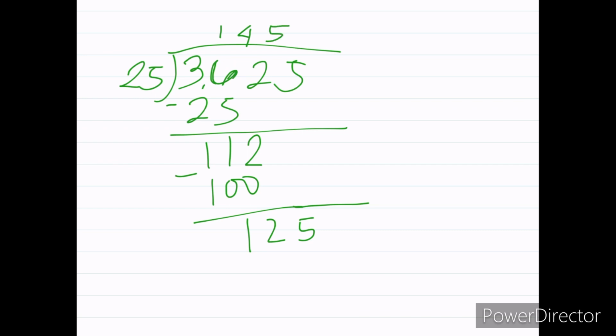So 5 times 25 is 125. So again, subtract. 125 minus 125 is equal to 0. Therefore, 3,625 divided by 25 is equal to 145.